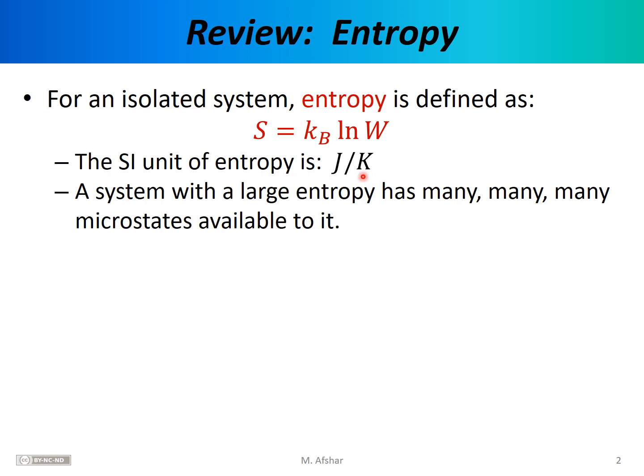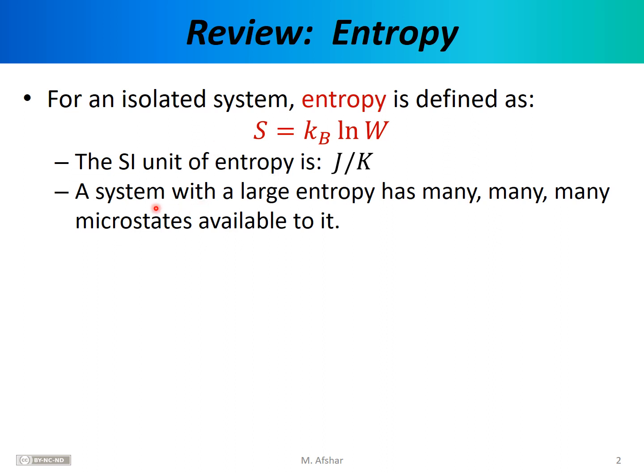joules per Kelvin. You should think of entropy essentially as a measure or an accounting of the number of microscopic states that a system could possibly be in, consistent with its large-scale description in terms of pressure, volume, and temperature.